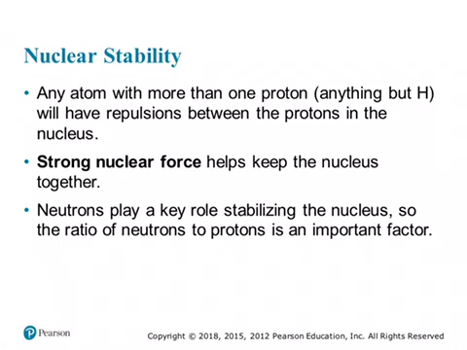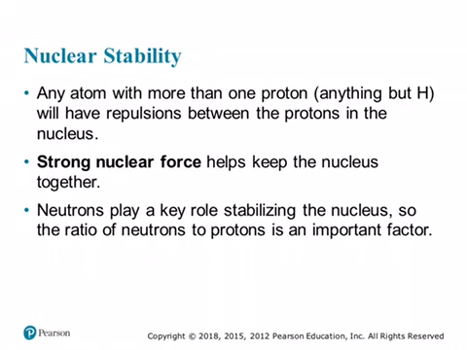So I mentioned this earlier in the lecture, nuclear stability. How do we determine whether something's going to be radioactive or not? It has to do with the neutron to proton ratio. Any atom with more than one proton will have repulsions between the protons in the nucleus. Why? Like charges repel.